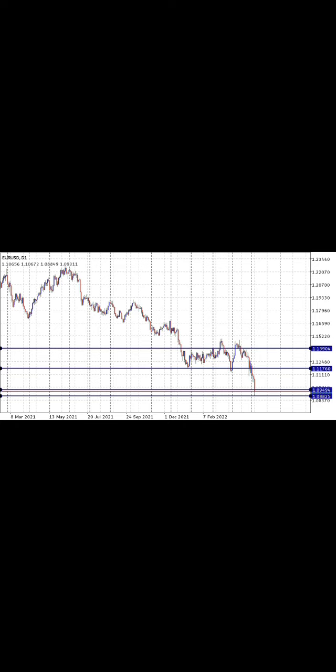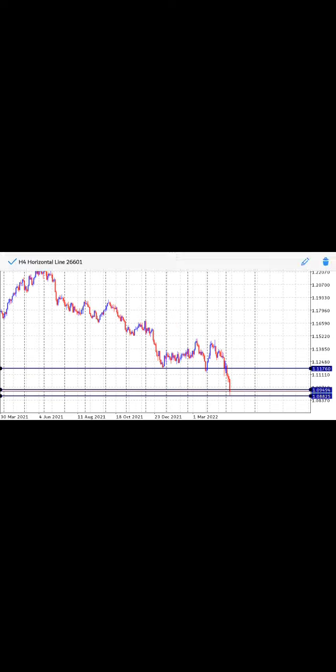Let me delete all this. Look at what I was telling you again about liquidity. There's a low here, approximately a low. So price took out all the stop losses that were here. Then retail traders will be expecting price to retest here, then go down. Price will not retest, so price will break all the way up.